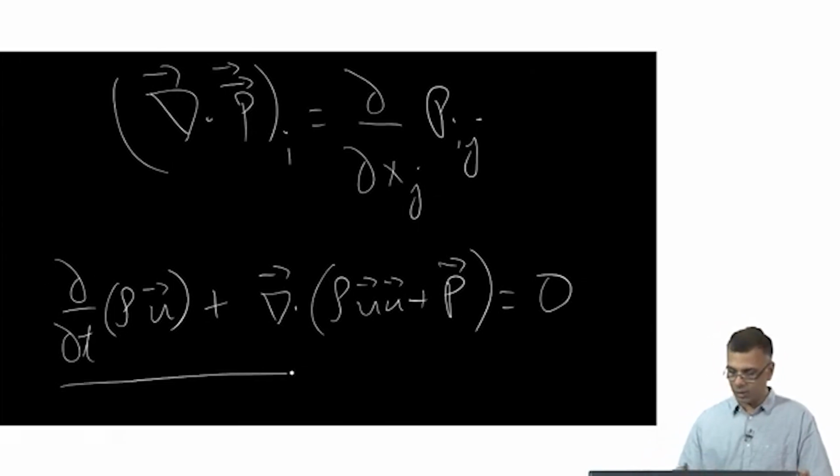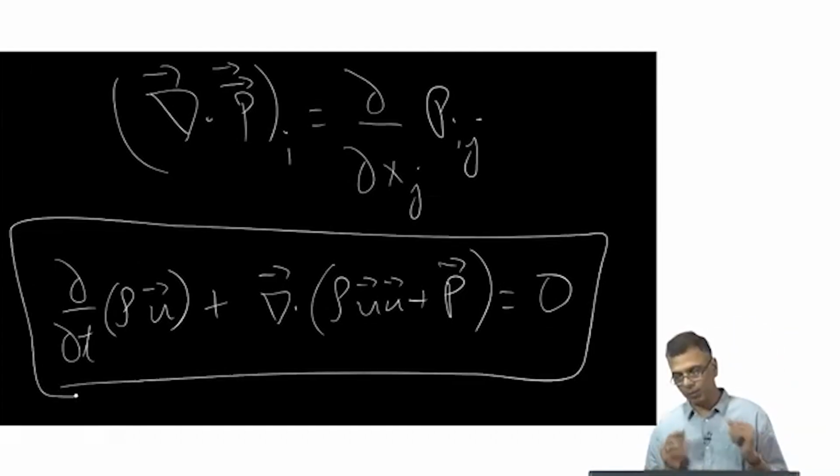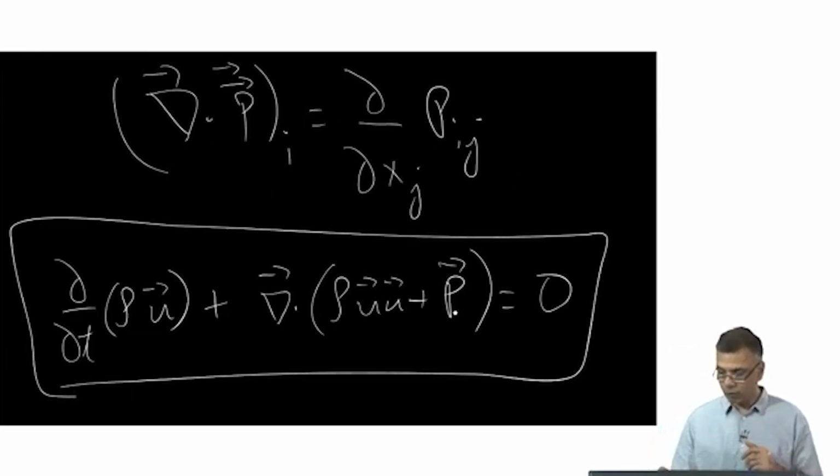This really is a conservative form of the momentum equation with surface forces represented by the divergence of the pressure tensor. This is the advantage of writing things in the conservative form.